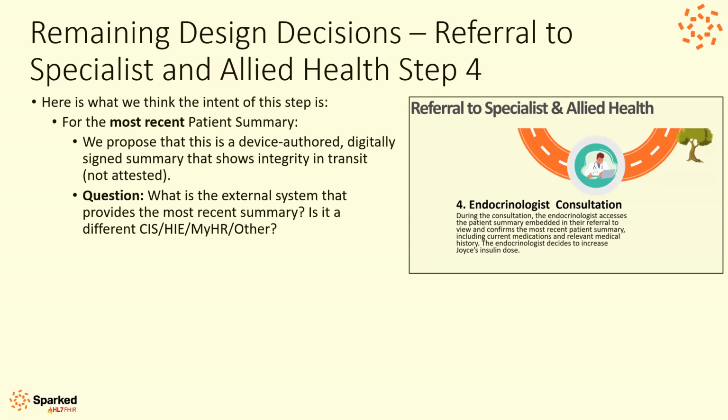Yep. I did want to just agree with Heath that I do think for now the CIS is the most reasonable one, because that's saying, go back to the system that gave you the referral, get the most recent health summary that they have. If there are other health summaries available out in the ecosystem, such as My Health Record, the referral recipient is more than welcome to do that.